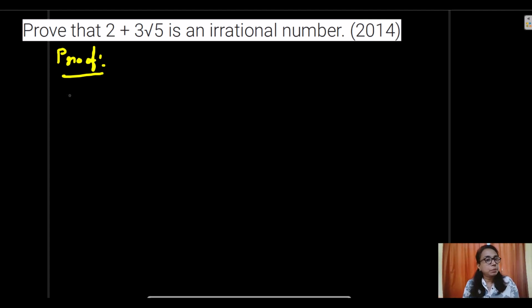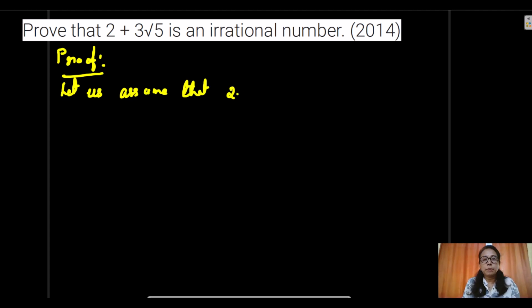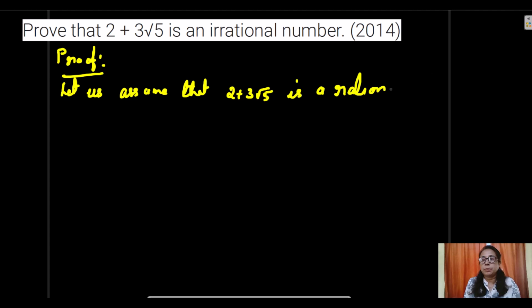We have to prove that it's an irrational number, but let us assume that 2 plus 3 root 5 is a rational number. We have to prove that it is irrational, but we are assuming that it is a rational number.